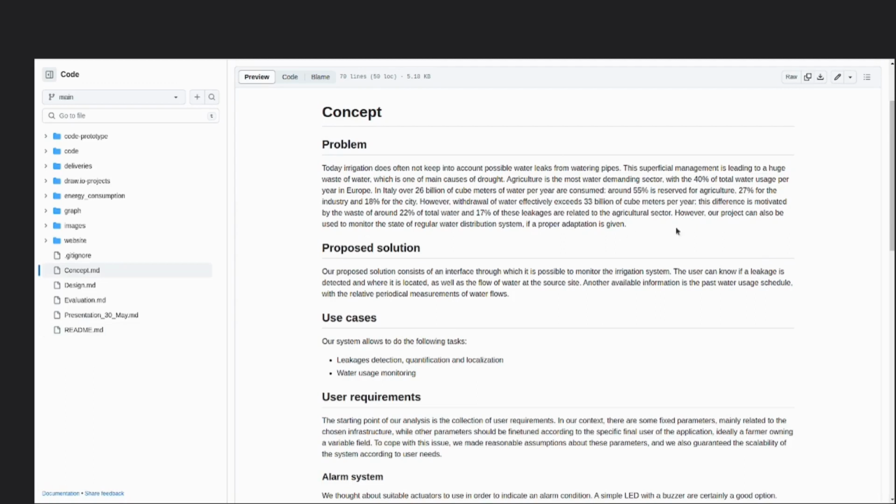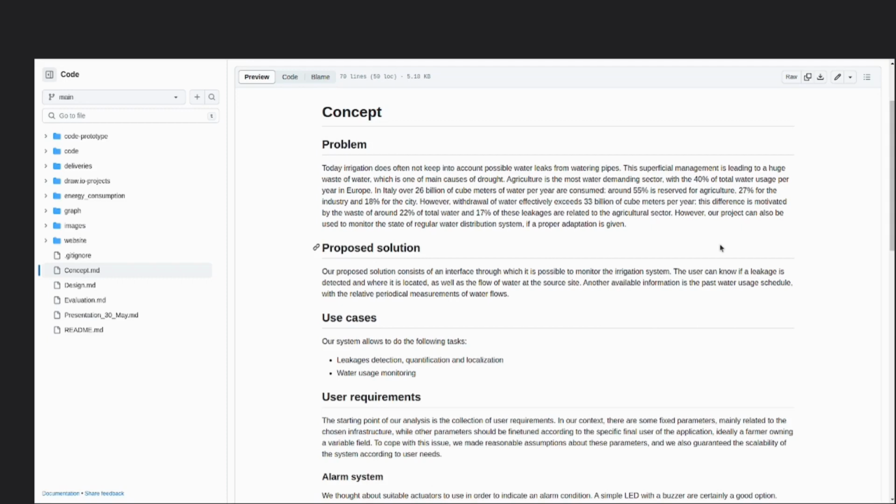So, the main problem addressed is water waste in irrigation systems. Our focus on irrigation, so agriculture, is motivated by the fact that this sector is the most water demanding one, with 40% of total water usage per year in Europe, and in the case of Italy, 55% of total water usage reserved for this sector.